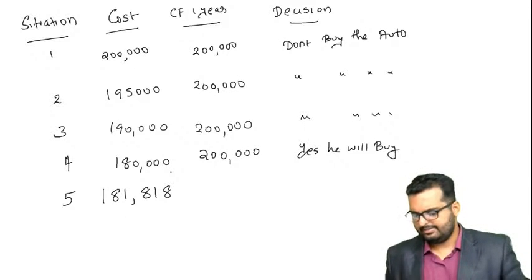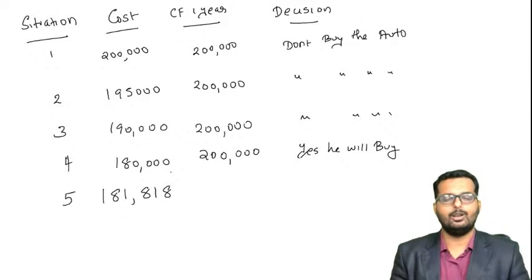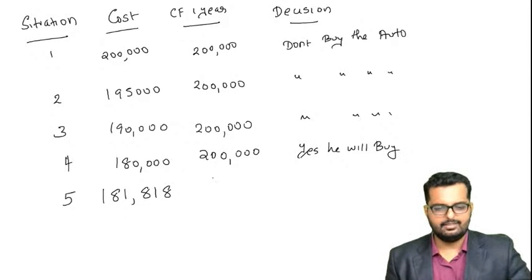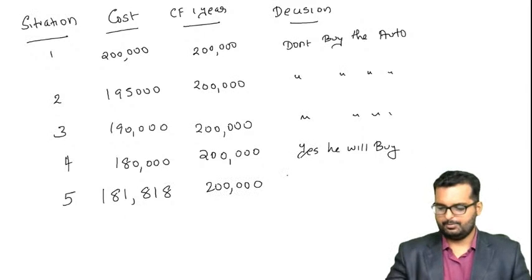Anne and Mary says yes. Any other answer now? Everybody is confused. Everybody is taking their calculator now. At the end of 1 year, you will get the same 2 lakh. Come on, tell me.